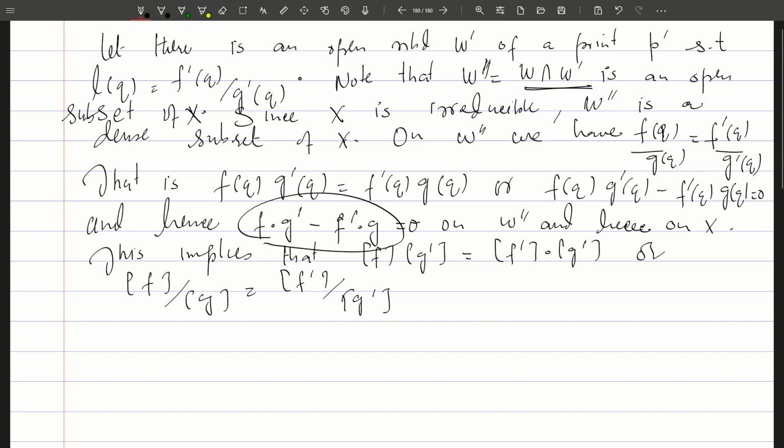So this shows that this function beta is well defined. Hence alpha is bijective.